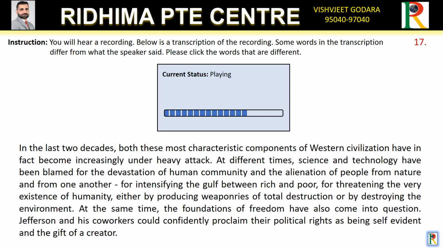At the same time, the foundations of freedom have also come into question. Jefferson and his colleagues could confidently proclaim their political rights as being self-evident and the gift of a creator.